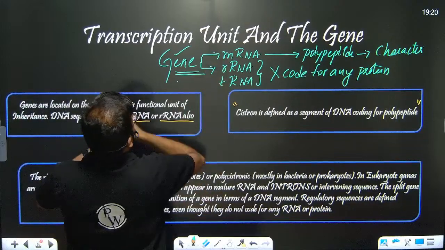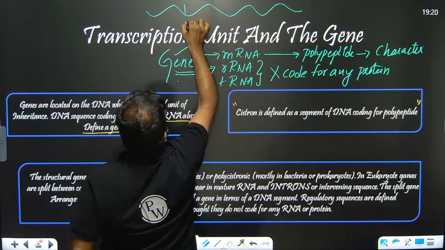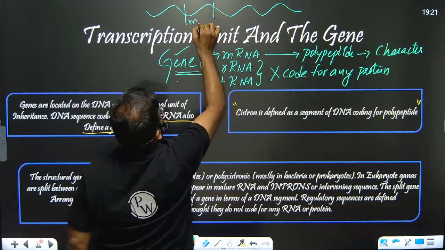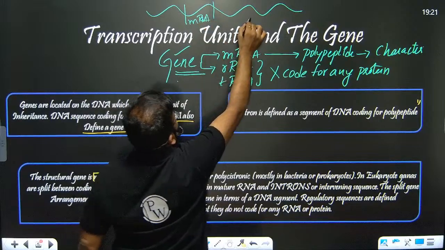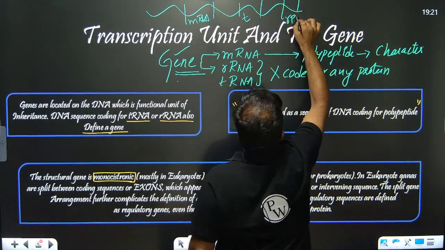Imagine this is the sequence of the DNA, and this is a sequence which is coding for mRNA, and this is a sequence which is coding for tRNA and this for rRNA.